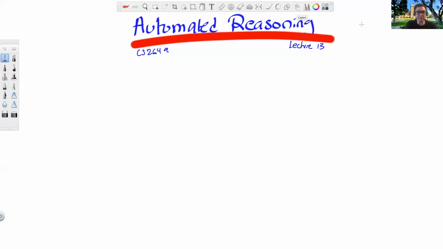And even though we're going to be talking about it in the context of diagnosing systems, it also applies to more general things like trying to find contradictions in beliefs.